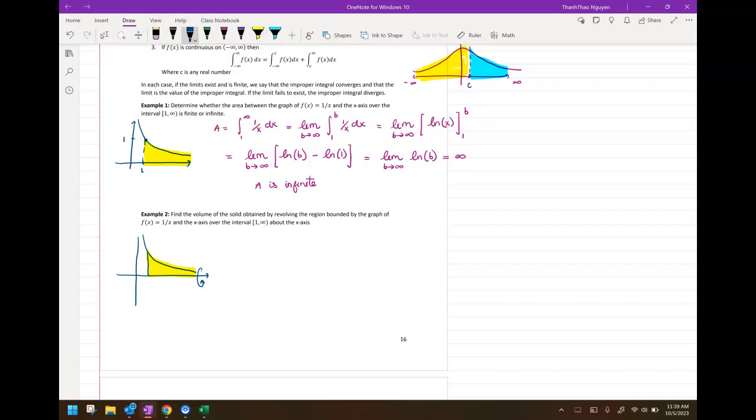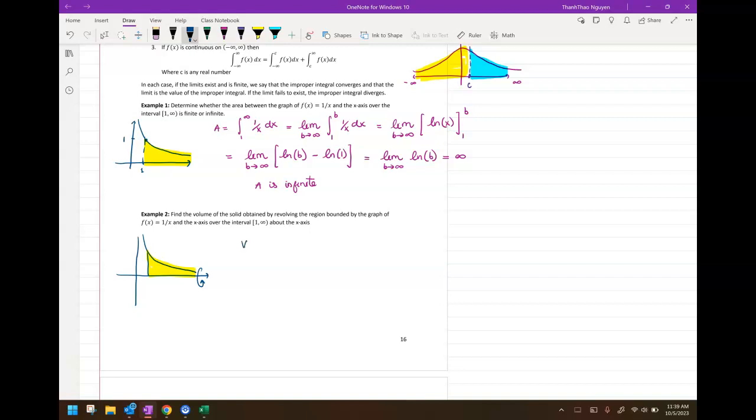So the radius of the solid will be f of x, and the area that we use in the disk will be pi r squared.